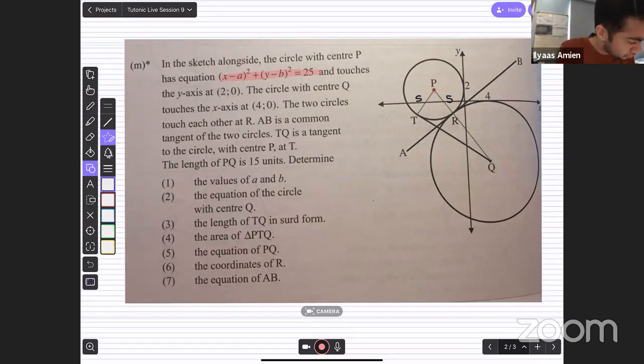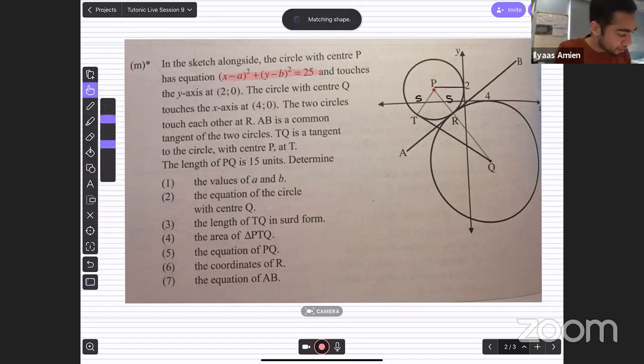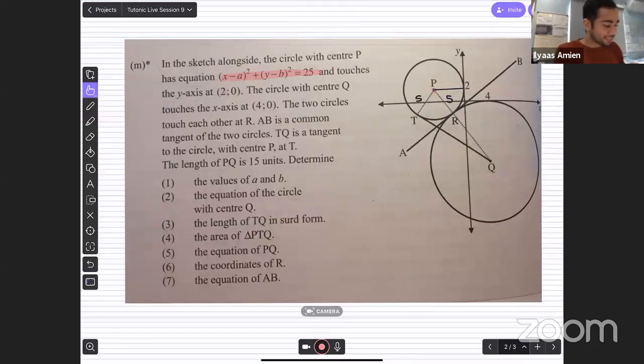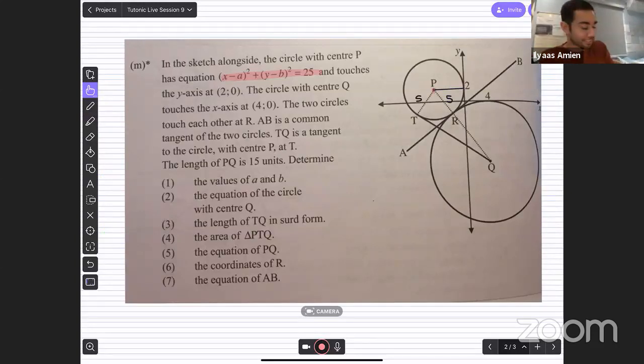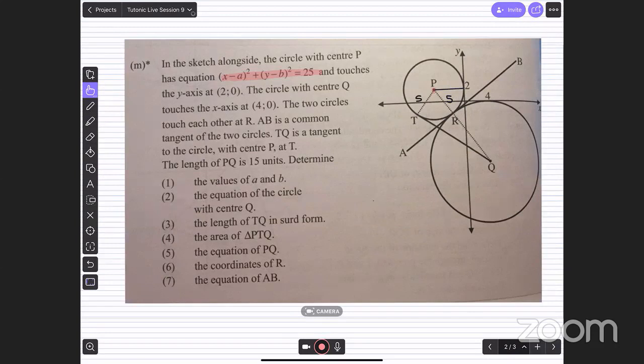What do you know about this radius that goes from P to the y-axis? It's parallel to the x-axis, which is the same as perpendicular to the y-axis. But what does that mean?